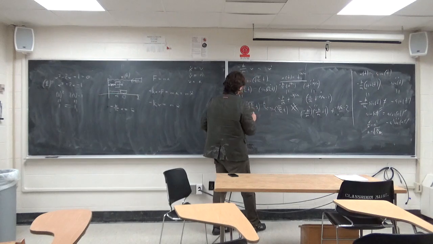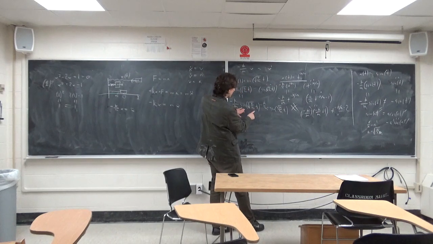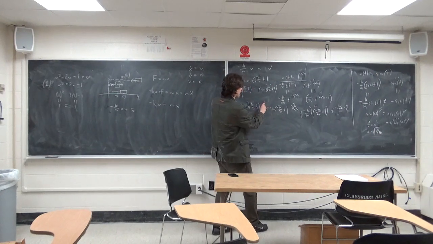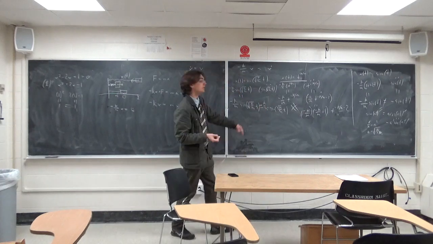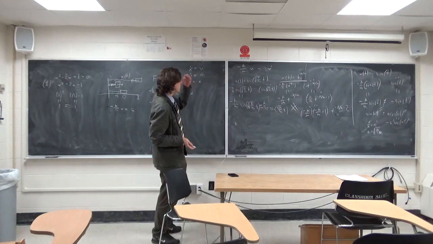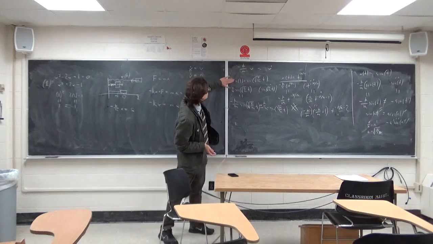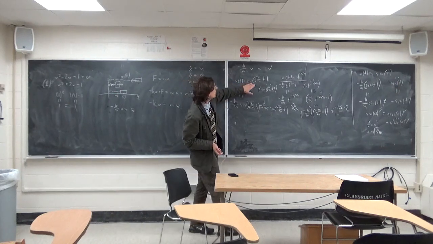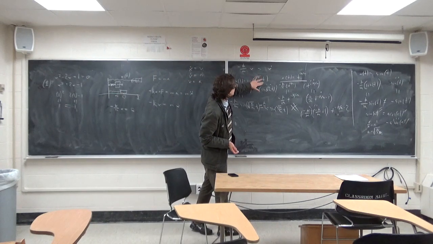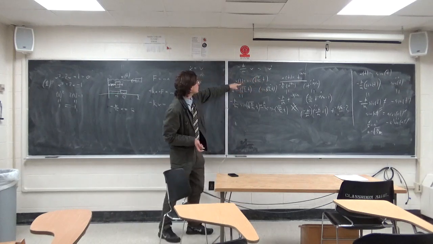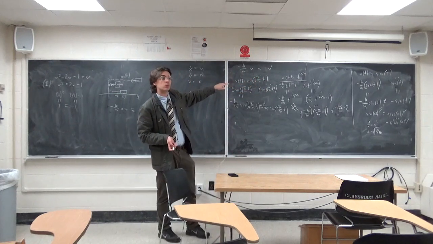So on one side I have negative k over m sine, and on the other, negative sine with a k over m. These two sides are equal. So hey, we just figured out that this sine of square root of k over m t is a solution to this equation. At least that's one of them.